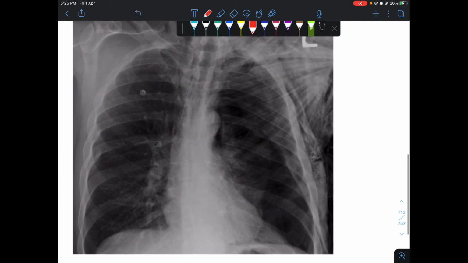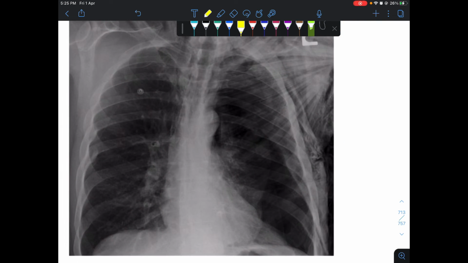As we can see in this figure, here we can see the rib fractures. This leads to blunt trauma, and this leads to traumatic pneumothorax.